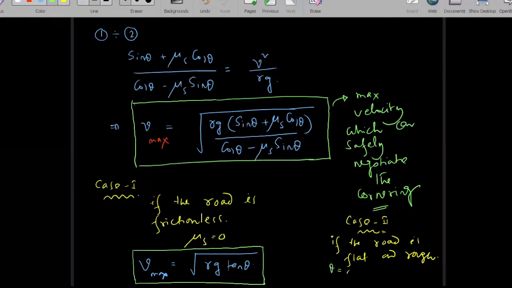So if you put 0, then sine 0 is coming to be 0. Only the mu s term will survive. Then V is equal to root under of mu s Rg. So this is the maximum velocity then. Correct? Understood everyone?